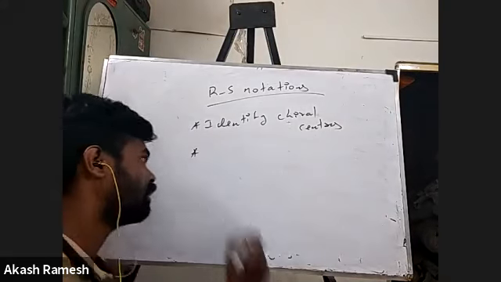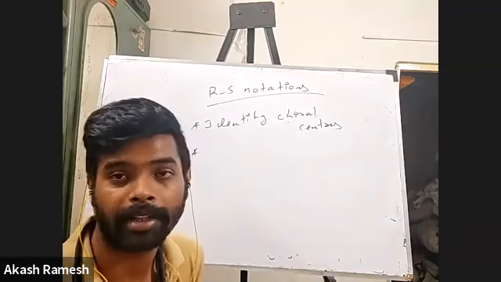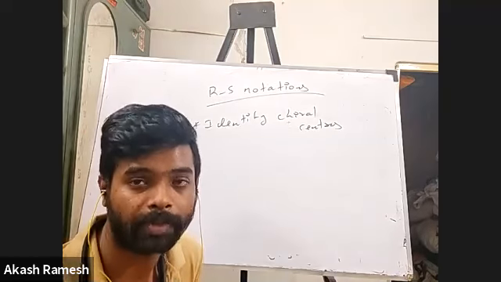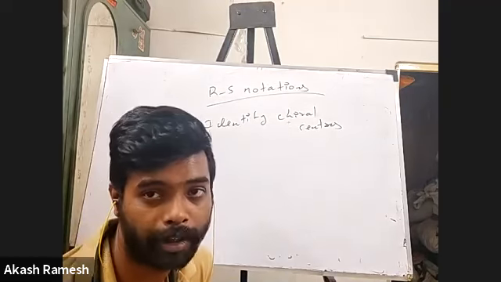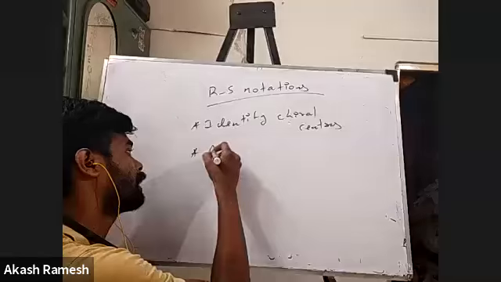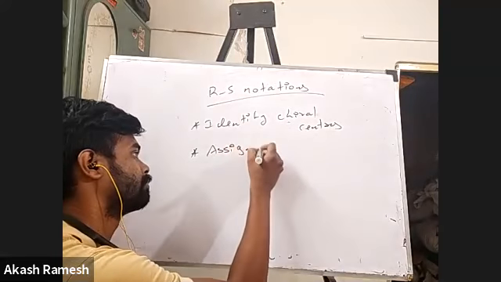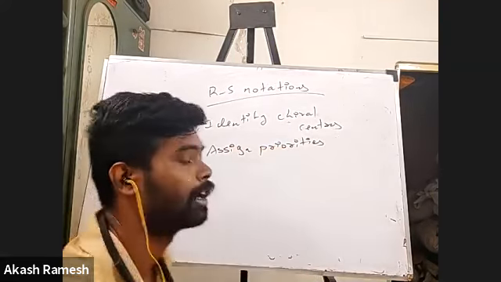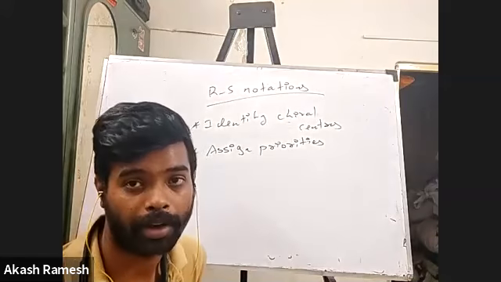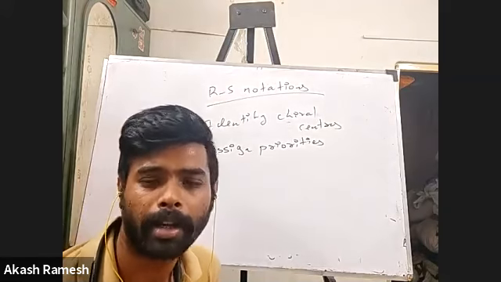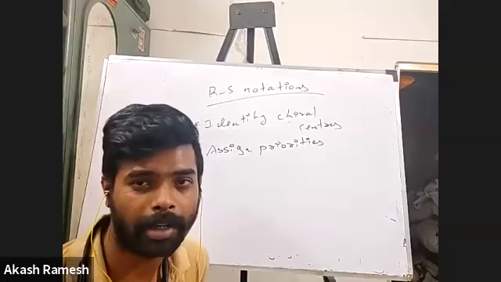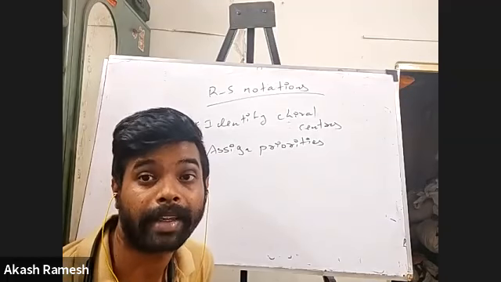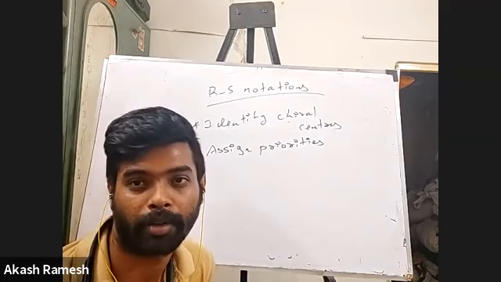Next, you know that in the chiral center, I'm going to have four different groups, right? So for these four different groups, I'm going to assign priorities. We already did this priority stuff when we went for E-Z isomerism, but most of you were not there.